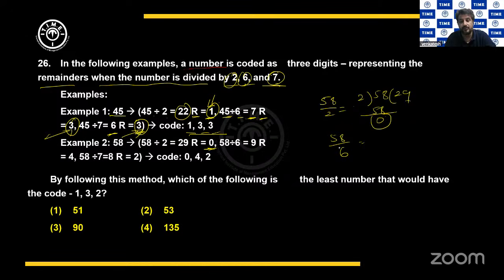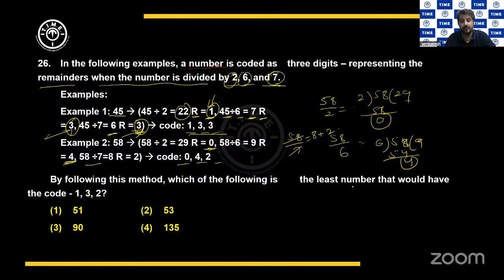It goes 9 times. 6 nines are 54, and the remainder is 4. Next, 58 by 7. 7 eights are 56, and the remainder is 2. So 0, 4, 2 is the code.